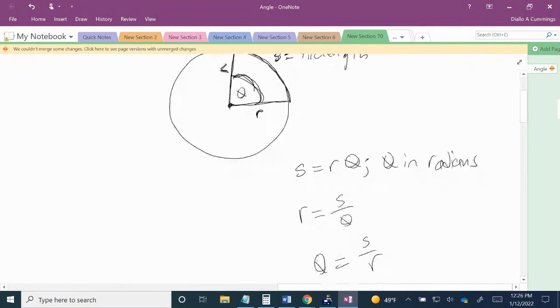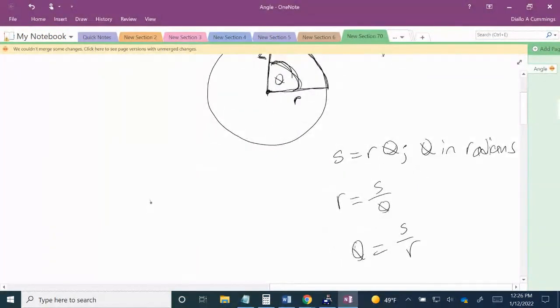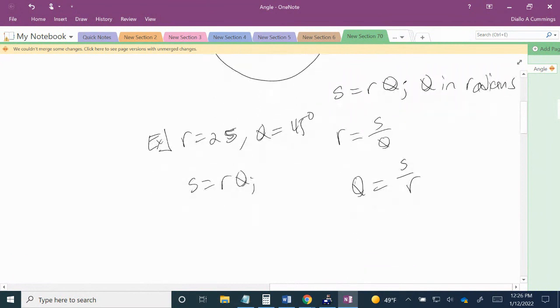So for our example, we're given a circle that has a radius of 25 inches and a central angle measure of 45 degrees. We're going to use the formula S is equal to R times theta, but in order to use the formula, theta has to be in radians.